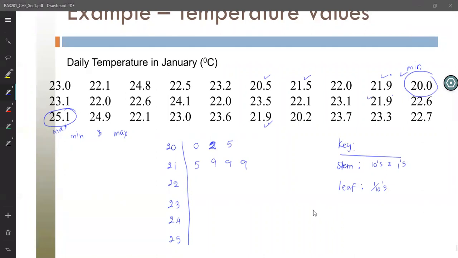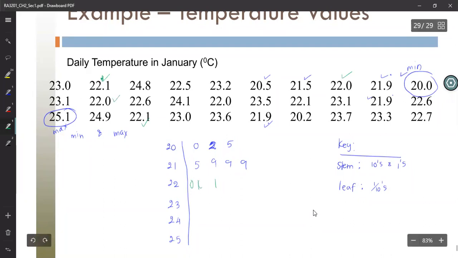Now try 22 also. This 22, 22.1, another 22.1, oh, we have 22.0, so 0 is there.